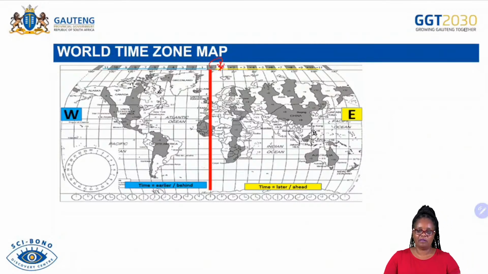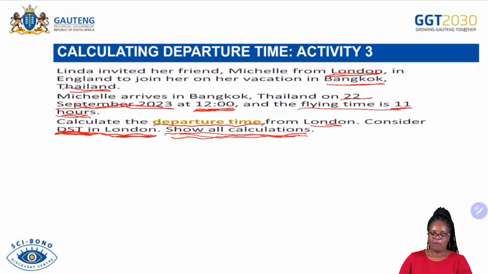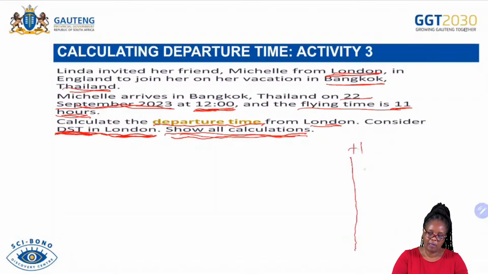So for this calculation, London will be using the +1 time zone. And where is our Bangkok? We've done this, it's at +7. So there they are. We have Bangkok, and London at +1. When we are moving from the map, the first line that we came across was the +1 line.